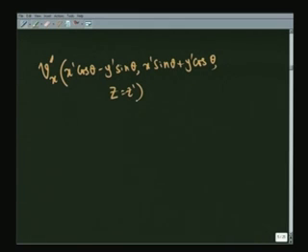In writing this, we have replaced the quantity x everywhere by x prime cos theta minus y prime sin theta. We have replaced the quantity y everywhere by x prime sin theta plus y prime cos theta. We have replaced z by z prime. Of course, the value is unchanged because we are rotating about the z axis. And this object will be given by Vx cos theta plus Vy sin theta.